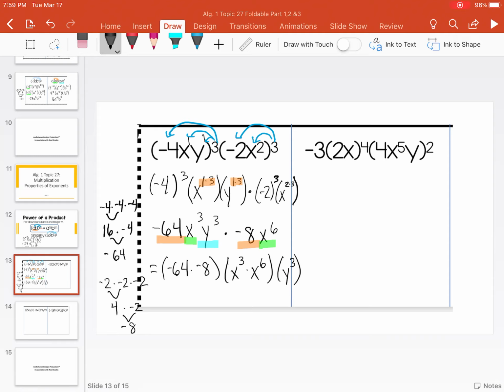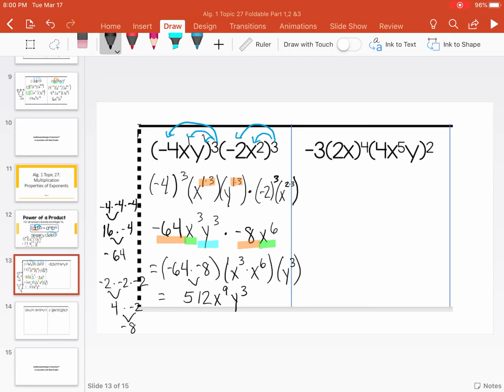So negative 64 times negative 8, if we multiply that together, we get positive 512. You're welcome. X to the 3rd times x to the 6th. So here we have the same base. We're going to be using product of powers: same base, we add the exponents. So we get x to the 9th, and then just bring down our y to the 3rd. So that's our first example. Is it a doozy? Yes. Am I mean? That's up for debate.